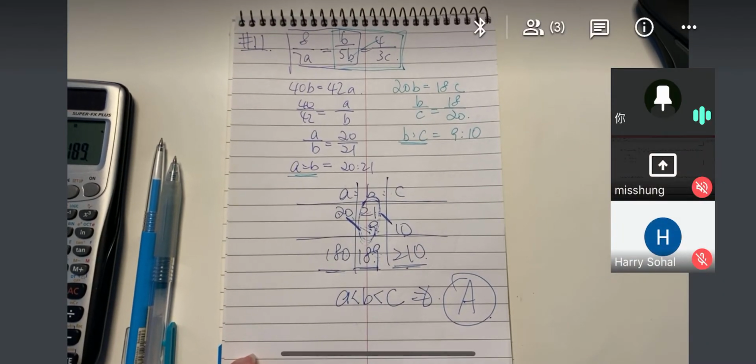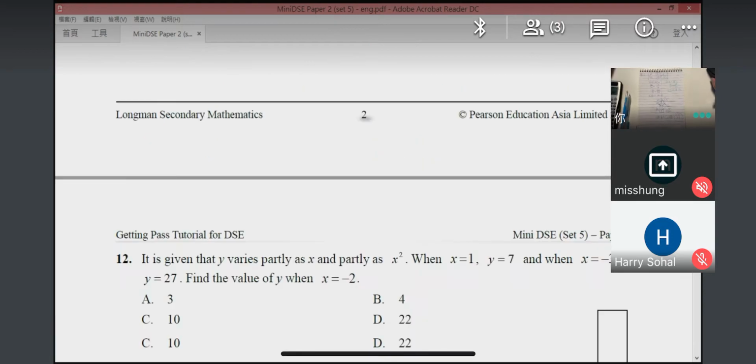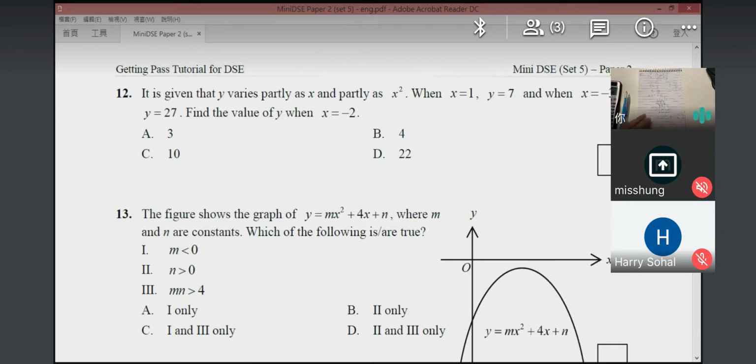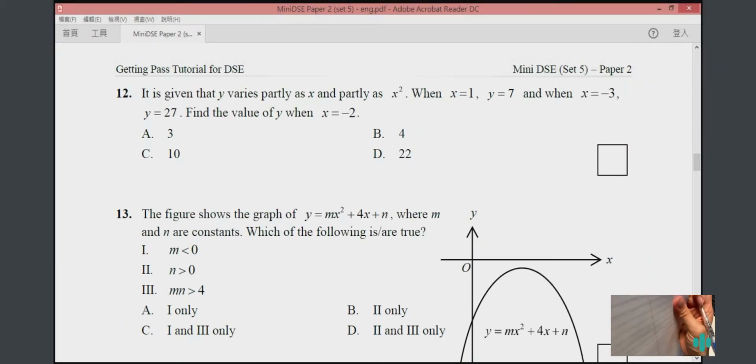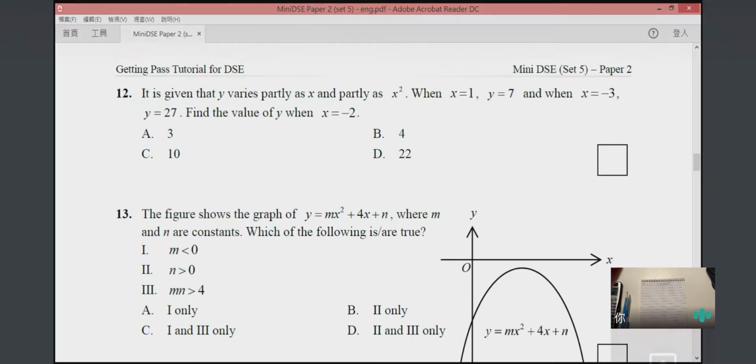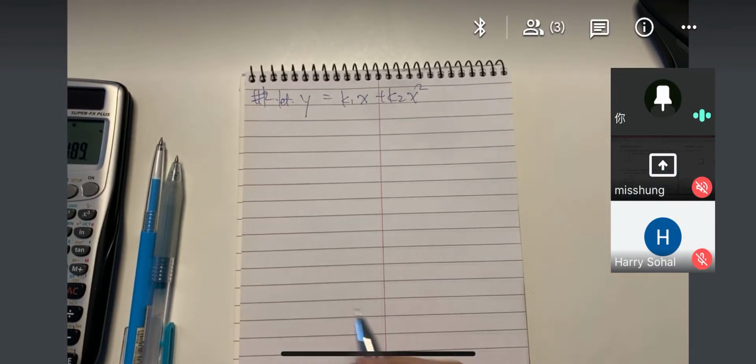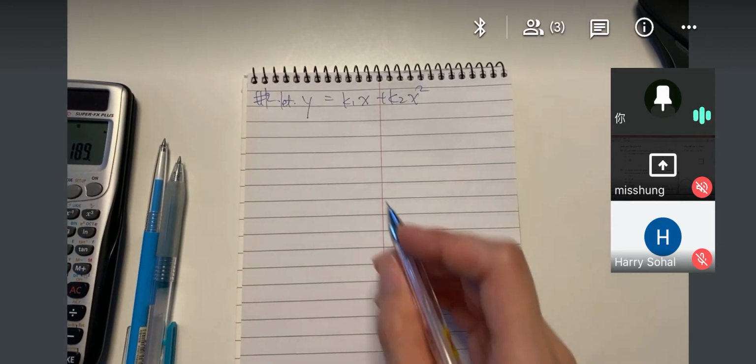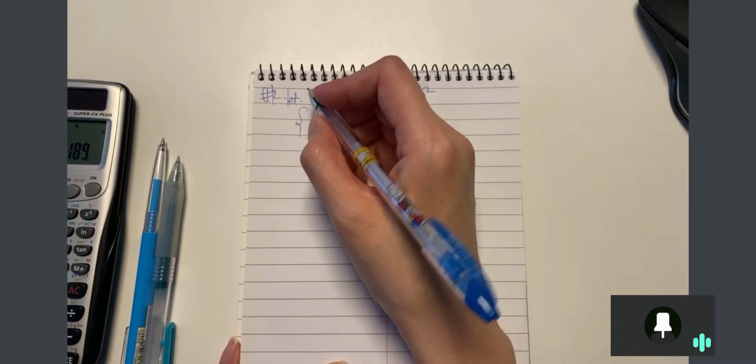And then for number 12. Number 12 is the variation. Y varies partly as x and partly as x squared. So you can let y be in terms of x in this way, and then put in the numbers x and y, and then you can form two equations.